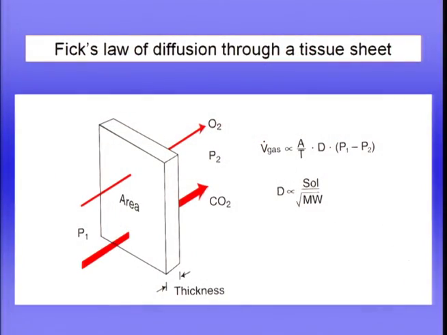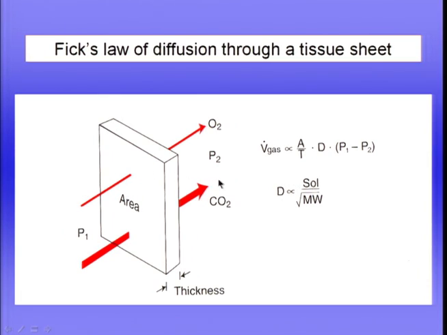But we now know that all gases cross the blood-gas barrier by passive diffusion, which brings us to Fick's law of diffusion, which we've already mentioned, but now we're going to look at in more detail. So Fick's law refers to the diffusion of gas through a tissue sheet. I like to think of something like a postage stamp as what a tissue sheet might be. And it says that the volume of gas per minute, per unit time, crossing the sheet is proportional to the area of the sheet.